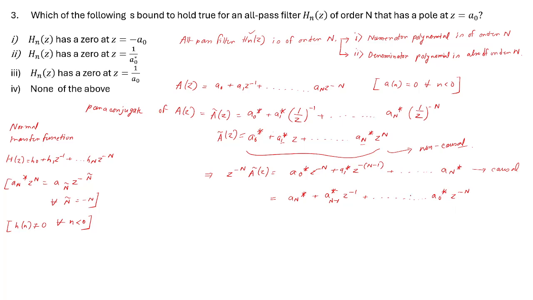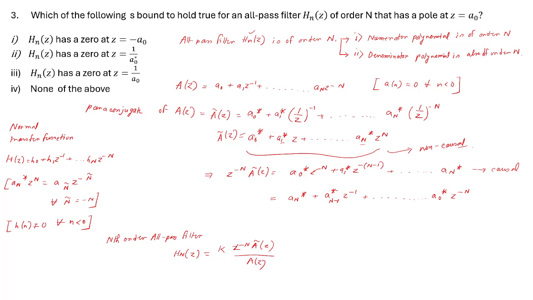So this A of z and A tilde of z might look slightly out of context in the question, but this is written because in lecture also you have seen the nth order all pass filter transfer function is written like this only: H of z as some constant times z to the power minus n A tilde of z by A of z.